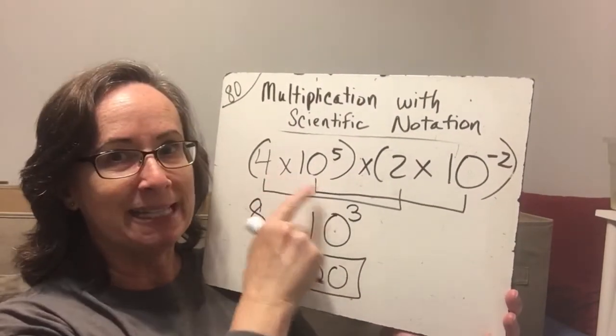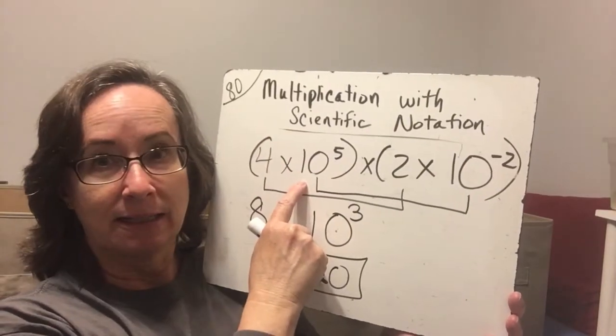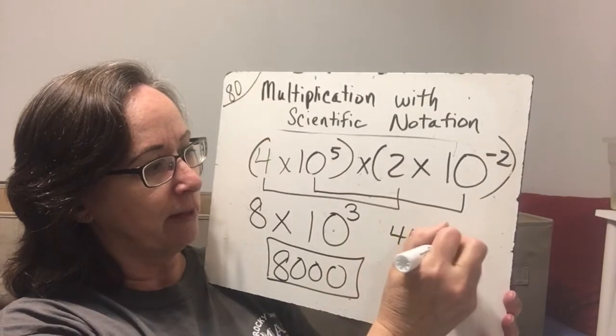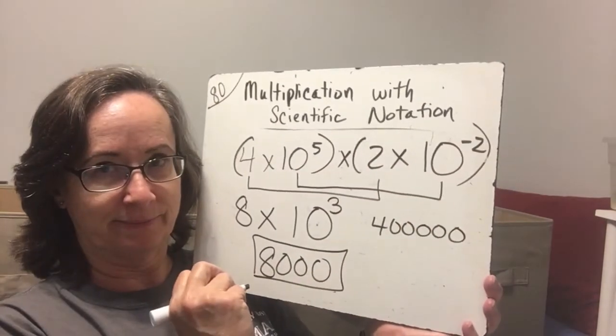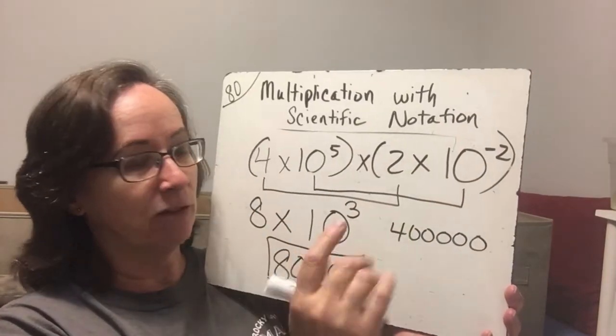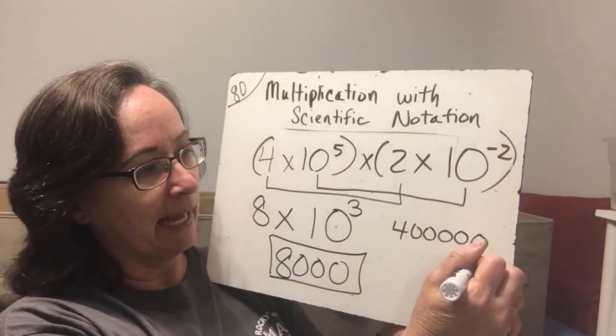So if we put this number in its standard form, it would be 4, 1, 2, 3, 4, 5 zeros. And if we put this one in its standard form, it's going to be a 2.